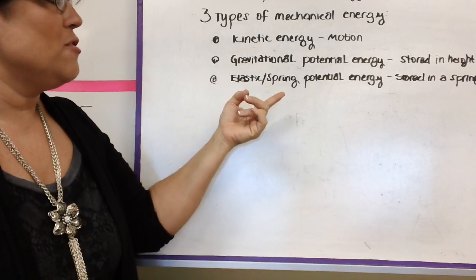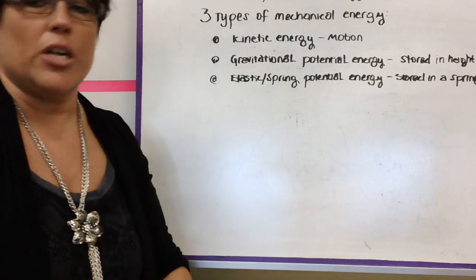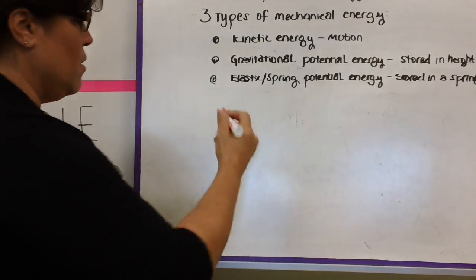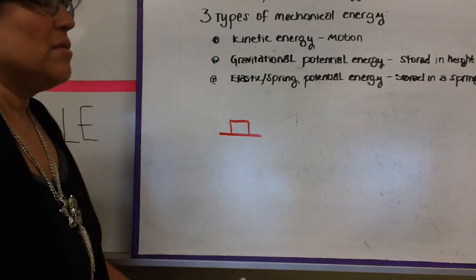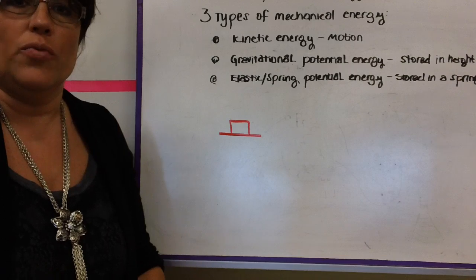Gravitational potential energy is basically energy that's stored based on the height of an object. So if this is our ground right here and we have a box that's located on the ground, it's not going to fall off the ground. It has no ability to move.